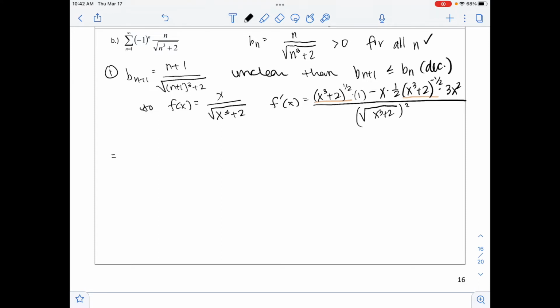And I'm also going to factor out the 1/2, just so I don't have to deal with any fractions with simplifying. So I have x cubed plus 2 to the negative 1/2. So then left over, I took out a negative 1/2, so that would be x cubed plus 2 to the positive 1. And I also have a 2 because I technically took a 1/2 out, so I would need to put a 2.